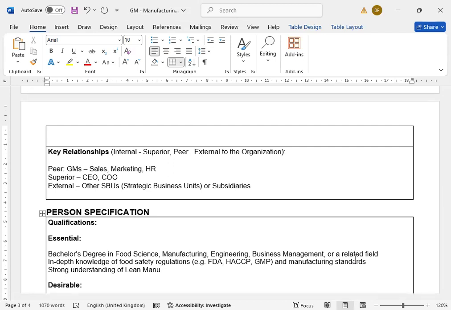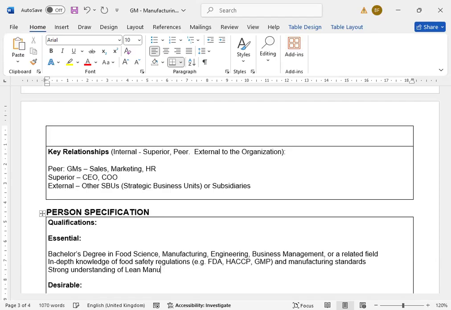If there are 10 candidates for the role, and one guy knows the lean manufacturing concept, then he will be shortlisted or hired for the position over the 9 other candidates who don't have this knowledge.